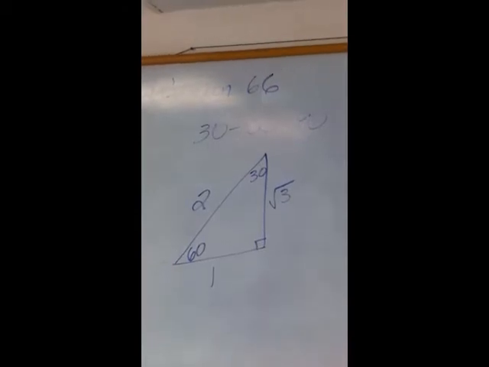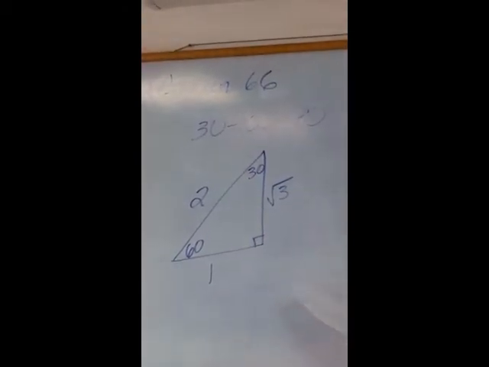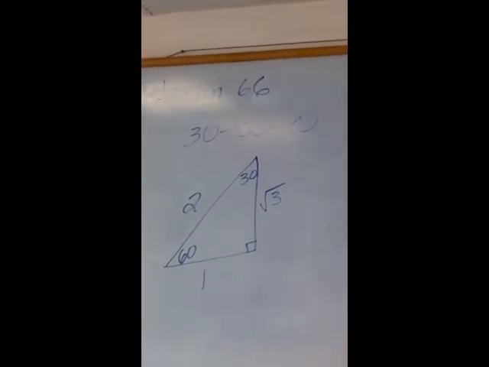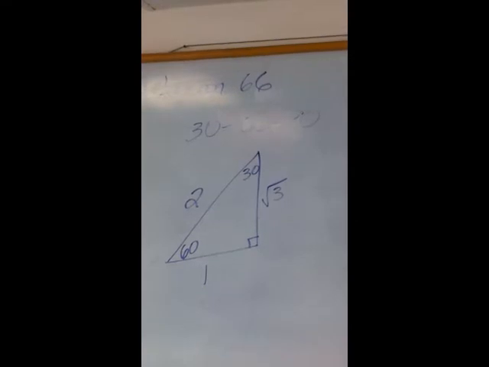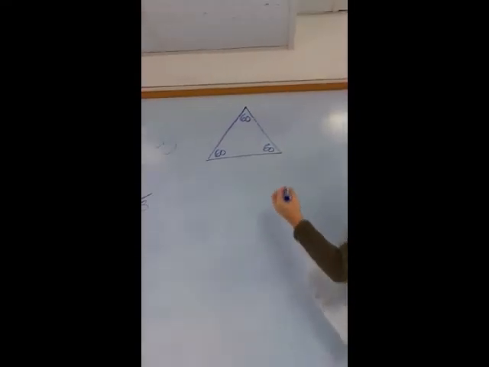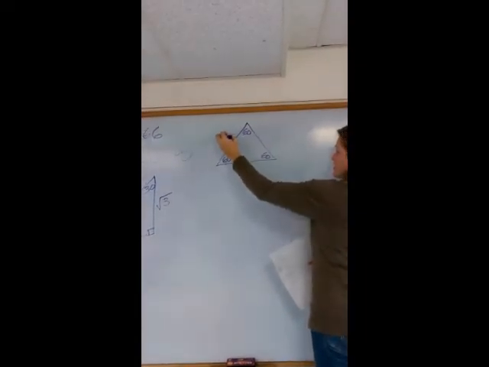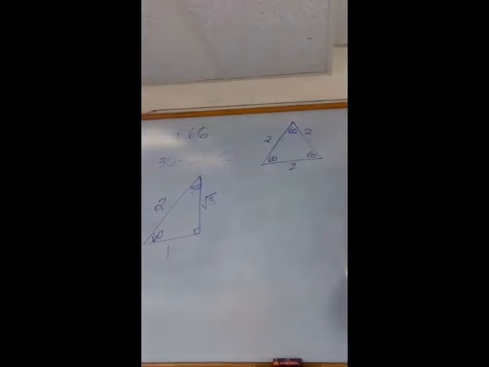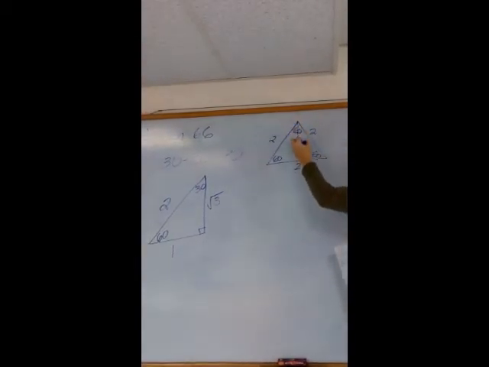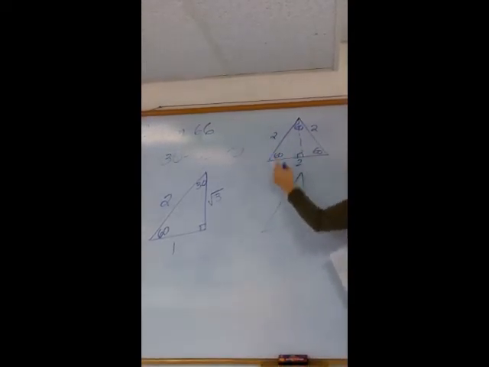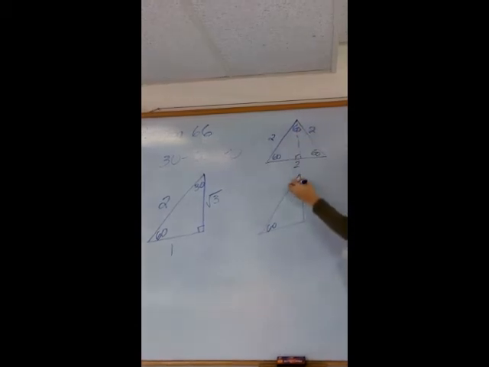So one way to remember these numbers, because I really want you to memorize this triangle, is to picture a triangle with all the same sides and all the same angles, 60-degree angles, with side 2. And if you were to cut this triangle in half and pull it out here, you still have this 60. When you cut it in half, this one is 30, and this one has become a 90.